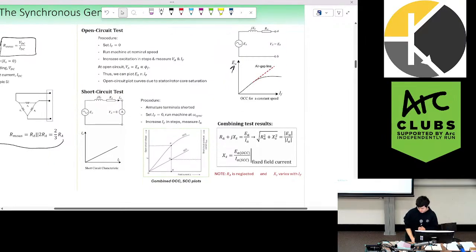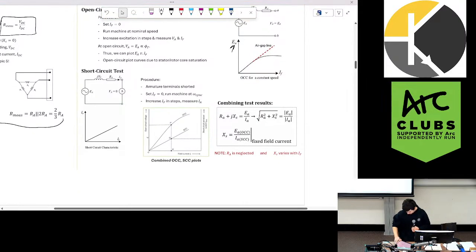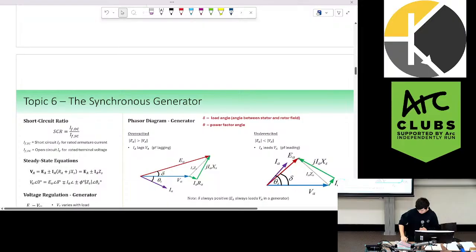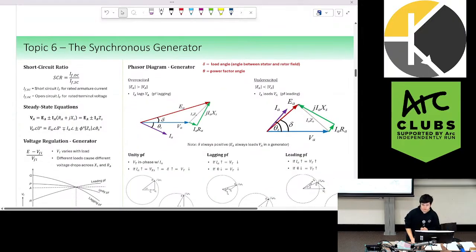And in the short circuit test, we're determining the current going through the armature, so IA versus IF. All right. We can combine them to give us a few more pieces of information. And I think that moves us very nicely into the short circuit ratio.